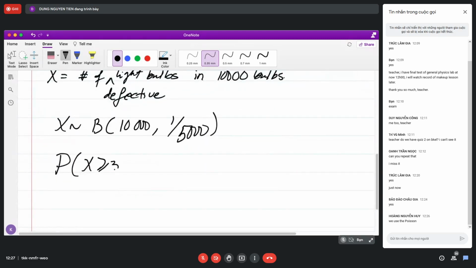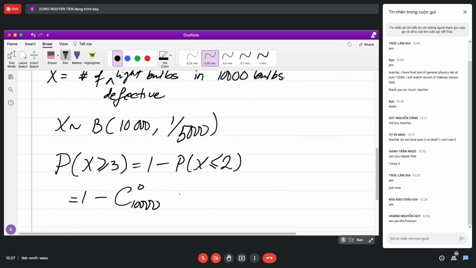That is 1 minus the probability that X is less than or equal to 2. So you get 1 minus C(10,000, 0) times (1/5,000)^0 times (1 minus 1/5,000)^10,000, and then you can keep doing that with 2 more terms.